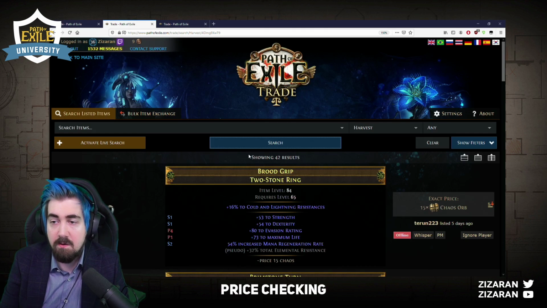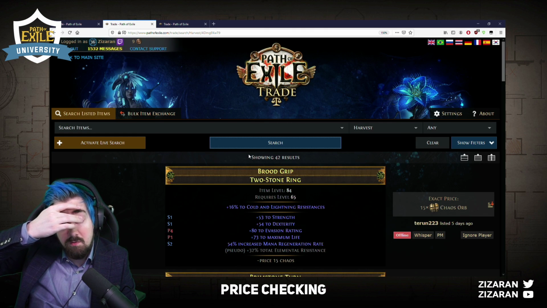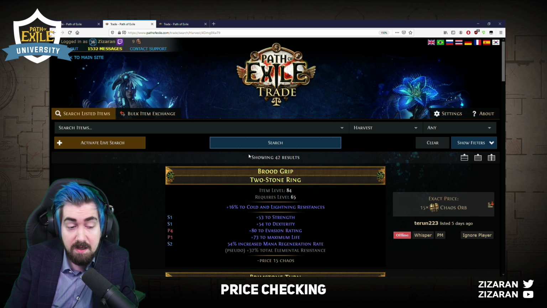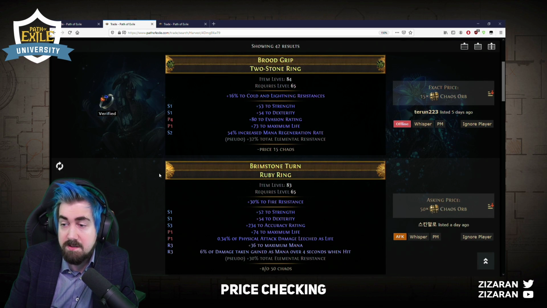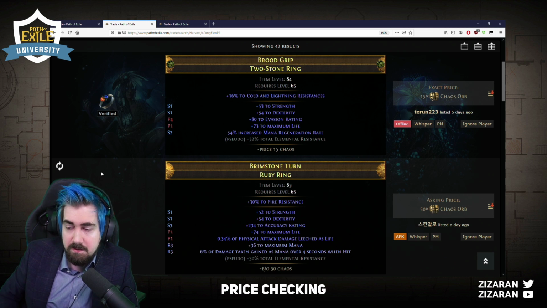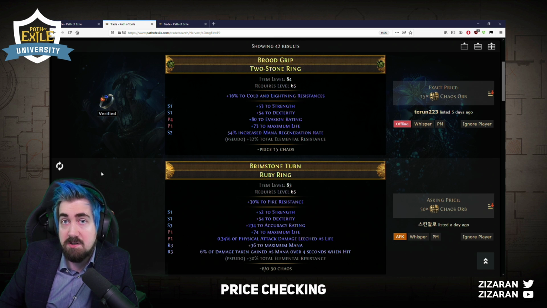Yeah, 58. I think it's 55 for tier 1 and then 58 for essence. Stats like that do actually start to matter a lot in the price.